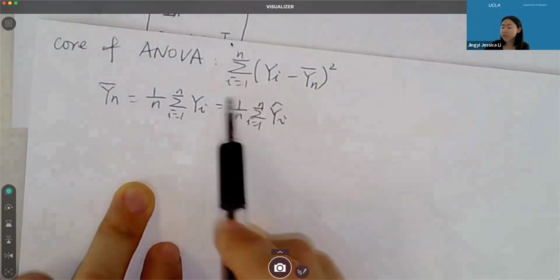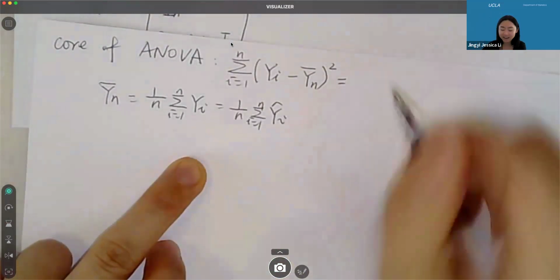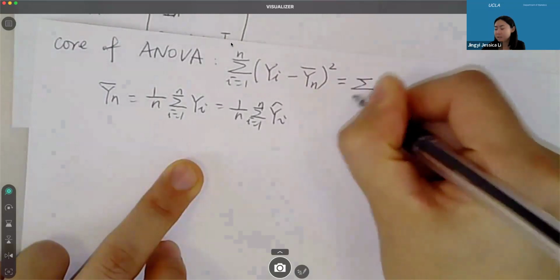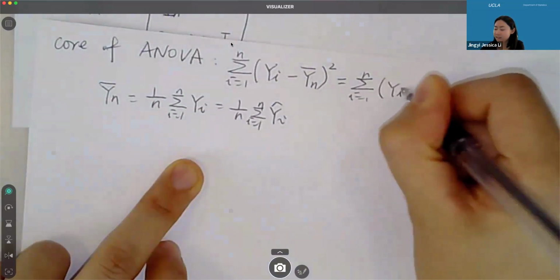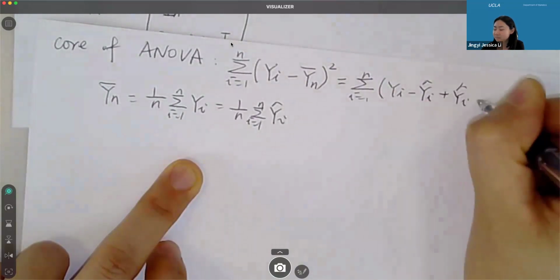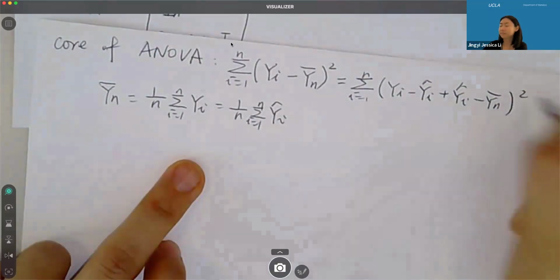Okay, and this term, we can decompose it. Basically, we can introduce yi hat and then remove it, right? So we can use this very common trick by doing yi minus yi hat plus yi hat minus y bar, squared, okay?